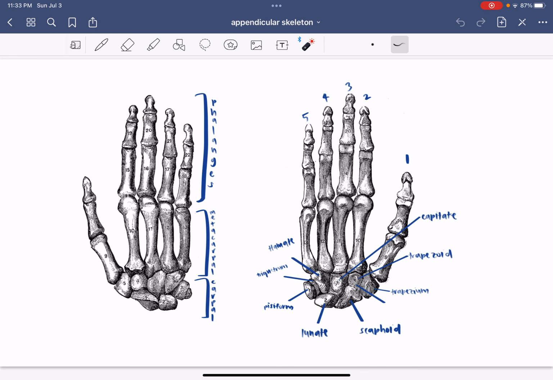Therefore, you can identify this bone as the 4th metacarpal. Up here we have the phalanges, your fingers. This is the proximal phalange, the middle phalange, and the distal phalanges, your fingertips. Therefore, you can identify this as the 2nd middle phalanx.